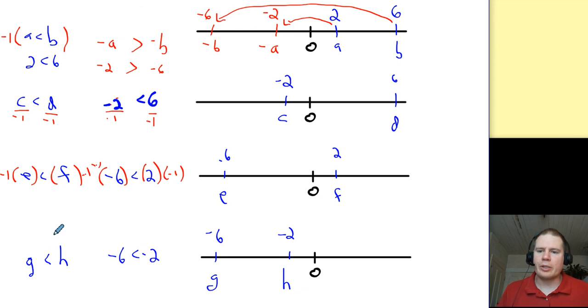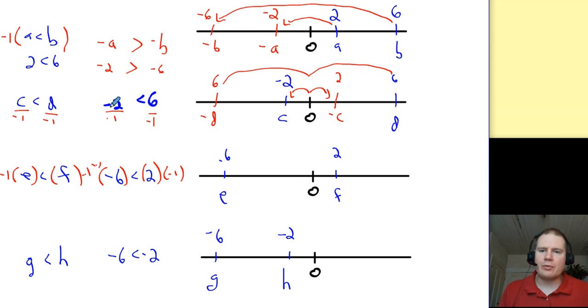Right, however we're indicating that, when we reverse the direction from going from the left to the other direction, from the right to the other direction, our inequality symbol is going to change, right?